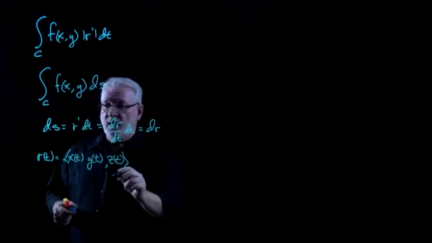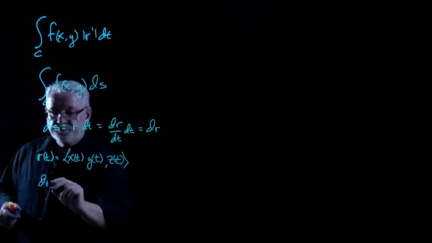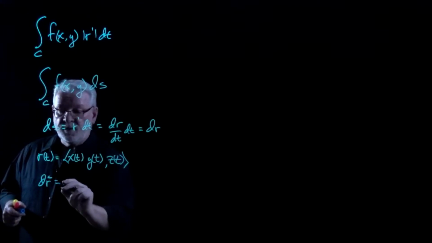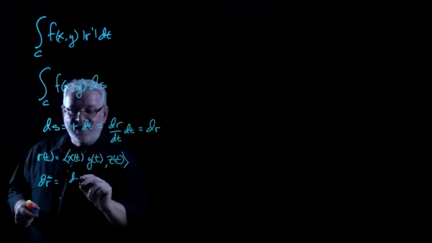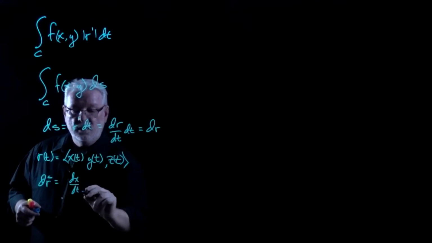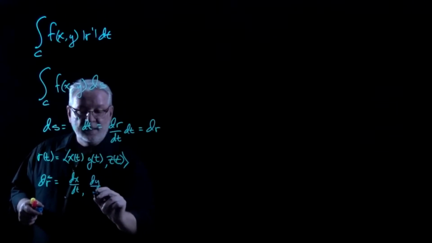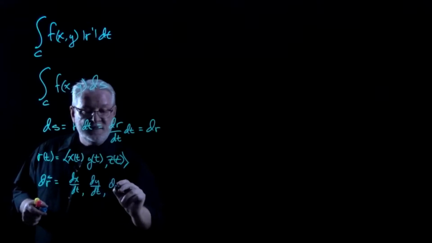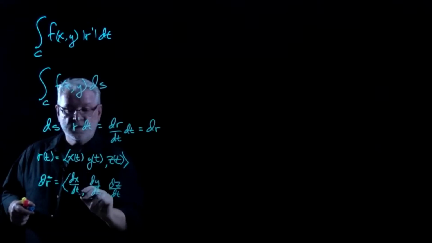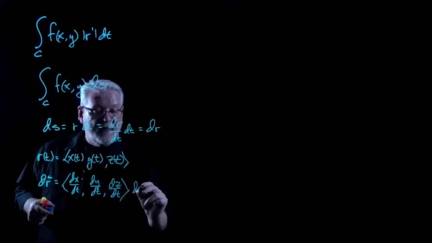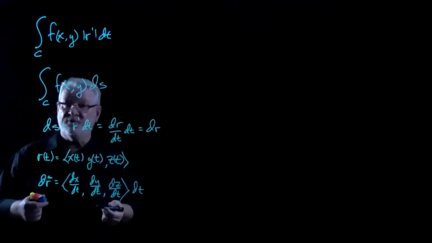Well, dr then would be, and again, this would still be a vector function because it would still be broken into three, dx dt, dy dt, and then dz dt as its three components. And then I would just multiply that by the dt differential.